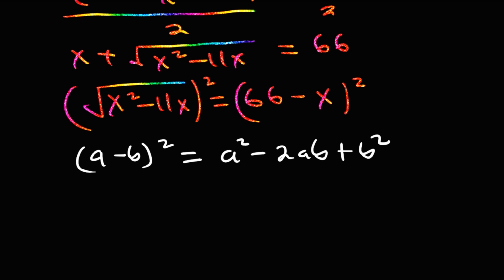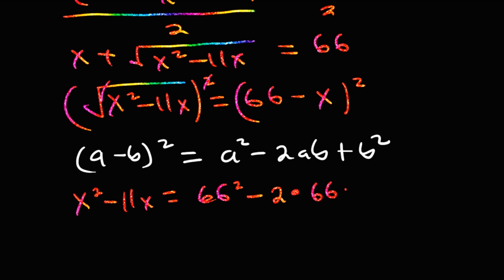So on the left we're left with x squared minus 11x, and on the right we're going to have 66 squared minus 2 times 66 times x, plus x squared.